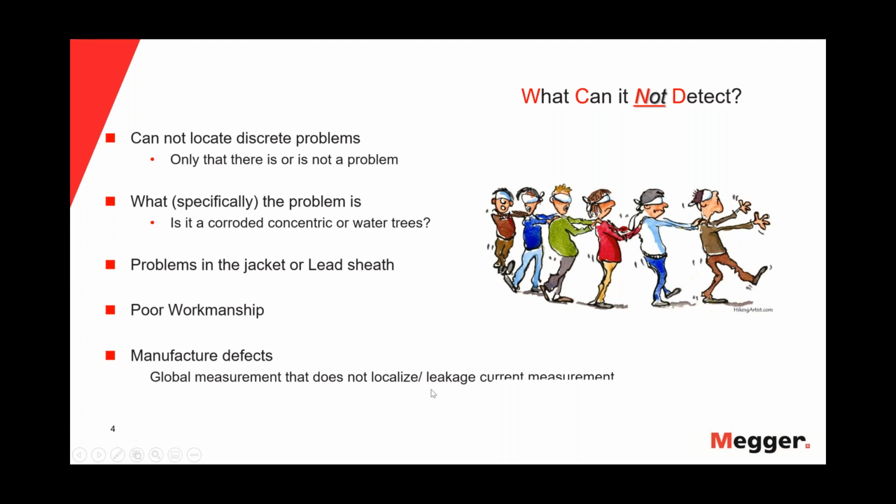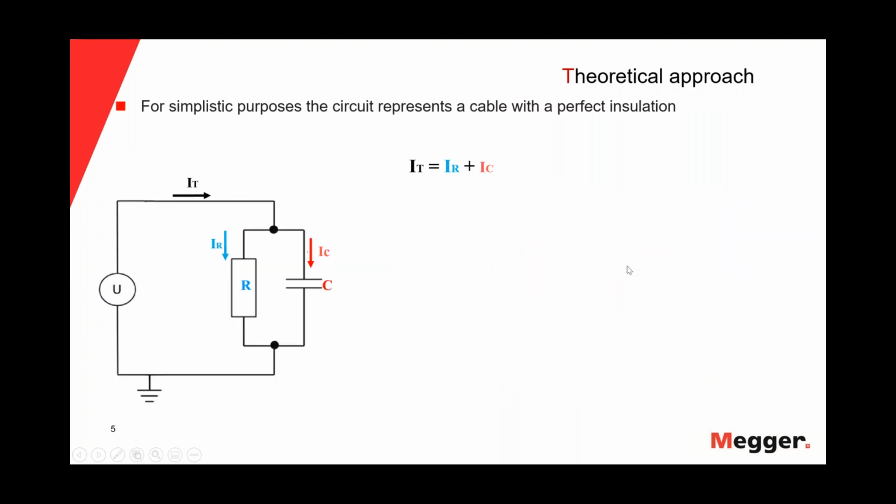Basically, this is a leakage current measurement. Not basically, but that's part of what it is doing here. The theoretical approach, for simplistic purposes, is that the circuit represents a cable with perfect insulation.